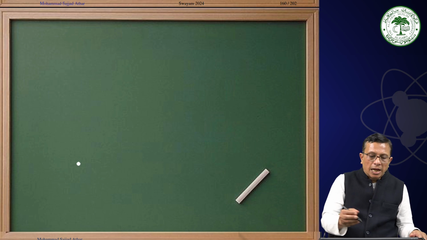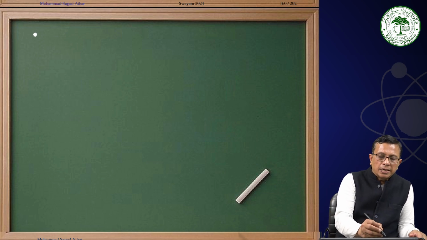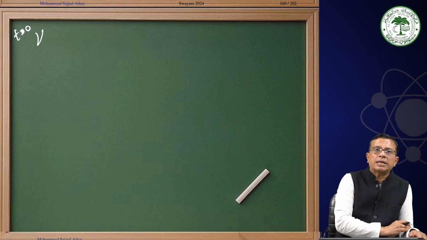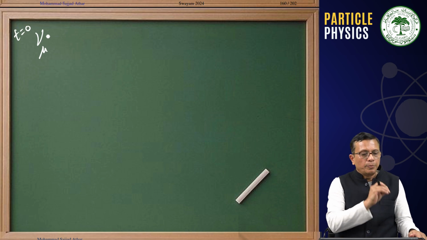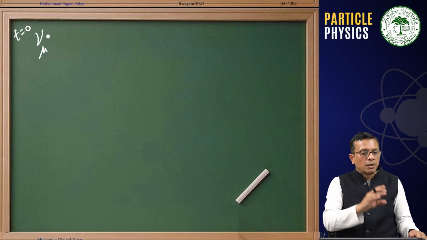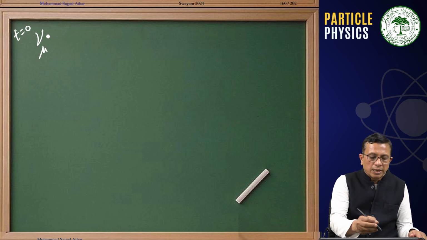That is why we are talking about these concepts. And the important point is that when I am telling you that my experiment is going to start at time t equal to 0, then at that time whatever nu mu that you have is muon type. There is nothing else.